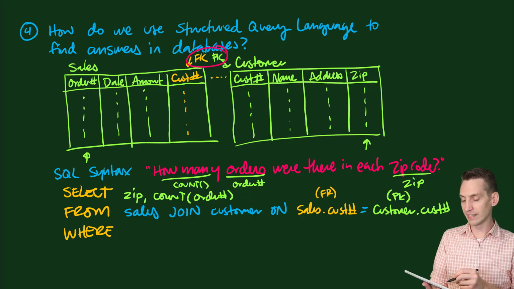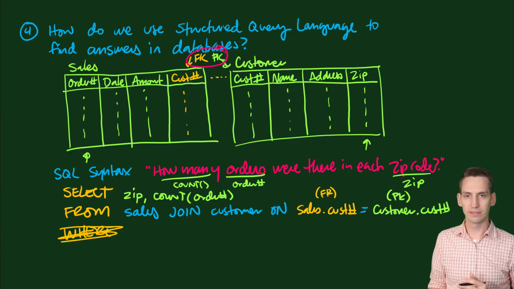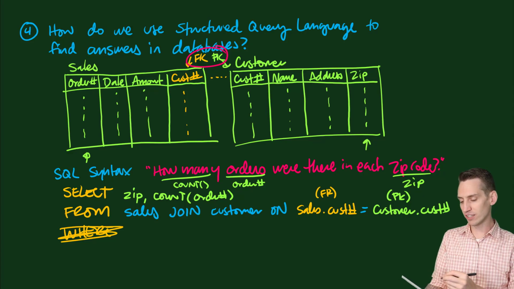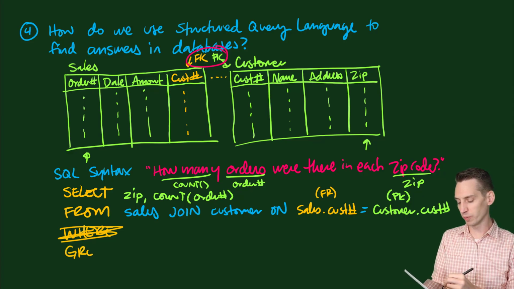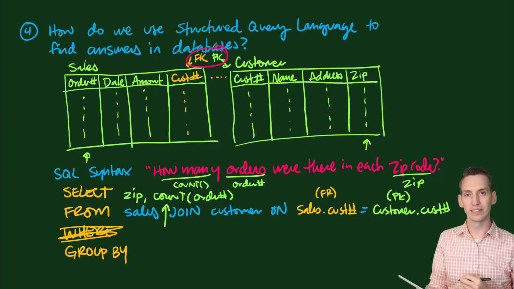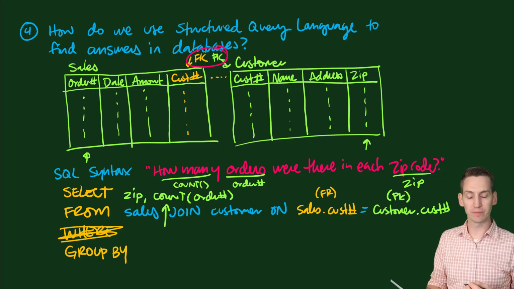For the where, I don't need to narrow these results, so I can get rid of that. If I wanted to list it by date or specific customers, I could do that, but for now we'll just ignore that. One thing I'm going to add though here is that since I am doing this by each zip code, I'm going to add one extra line, and that is for a group by. And basically it says, for this count calculation, what do you want to count on, or how do you want to split that count?